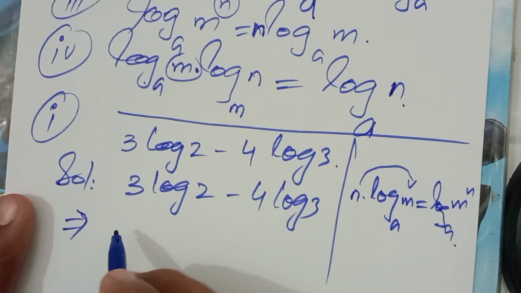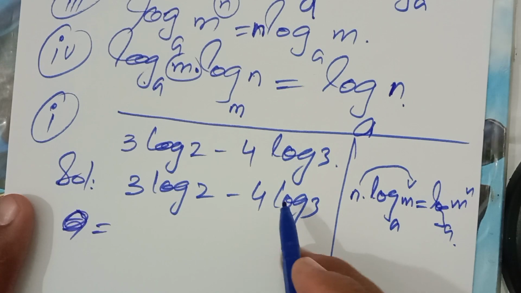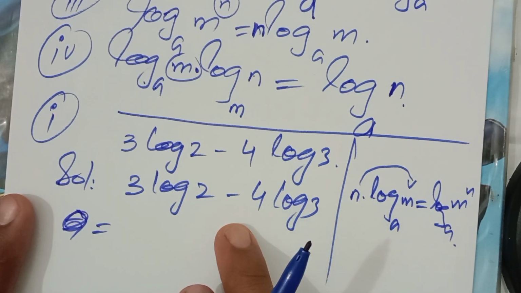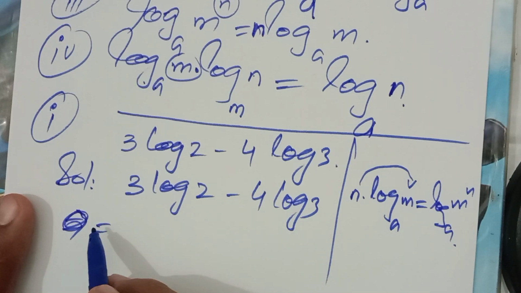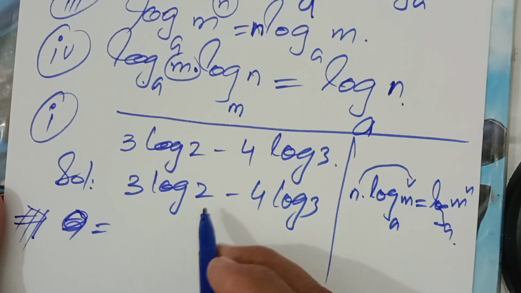Here the symbol of equation is not included. If two equations were included, we would have to write the symbol of implies, but here we can't use it.